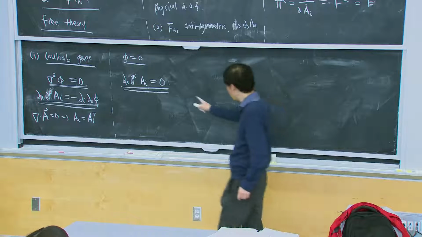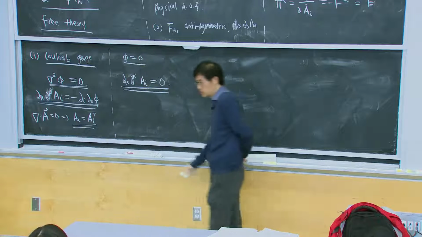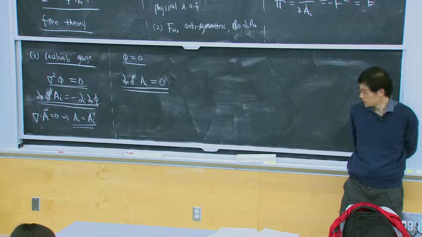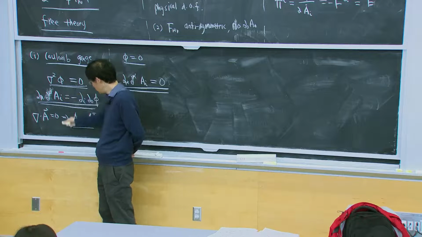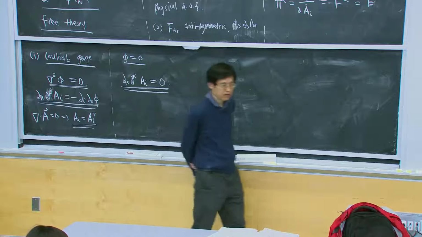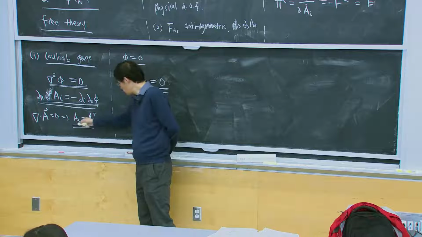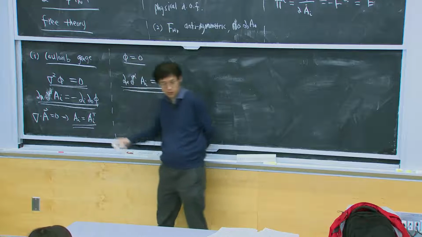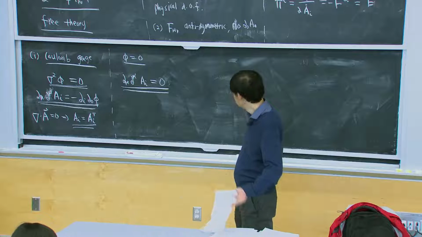But remember A_i is only transverse. A_i has to be transverse. So now we impose this as an operator equation. All this should be interpreted as an operator equation when we quantize it, and that means that A_i as an operator can only have a transverse component. So now we can just quantize the theory.